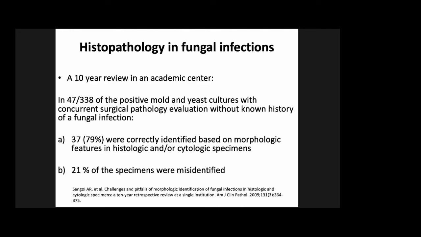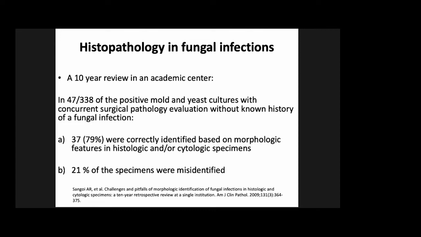The other thing that I want to talk about is the histopathology of fungal infections. So this was a 10-year review study from the pathology department of Stanford. They got 300 biopsies for possible fungal infections, and they noticed that 47 biopsies were concurrent with a positive fungal culture.